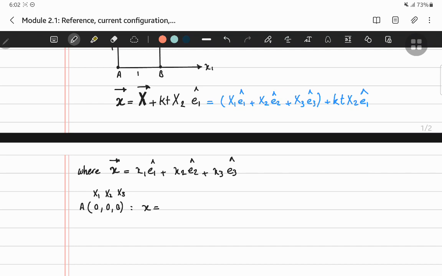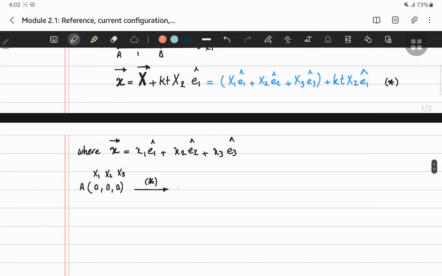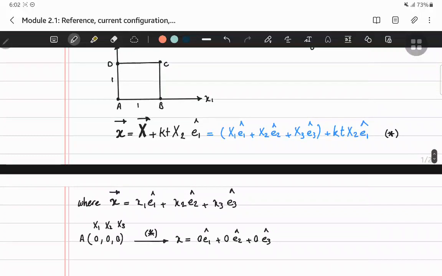All of them are 0. So if I write this as the star, and we plug into the star, what we get is 0 e1 plus 0 e2 plus 0 e3. So basically, A remains at its position.